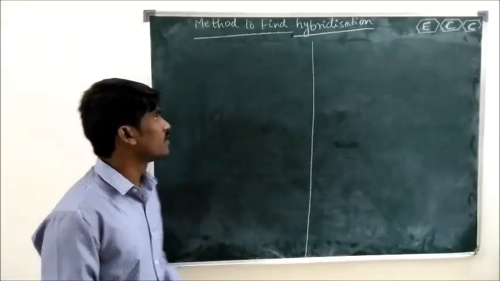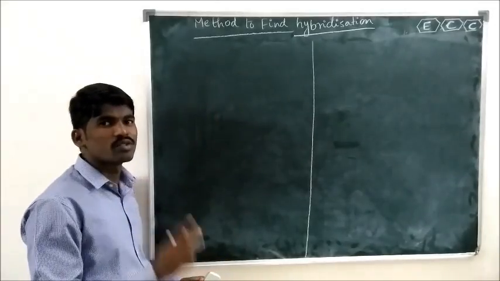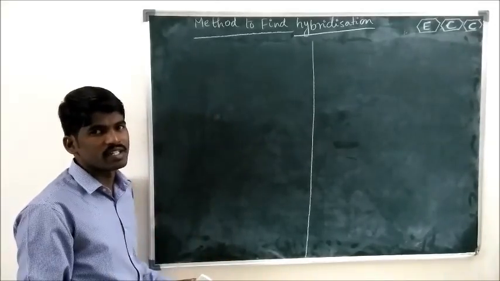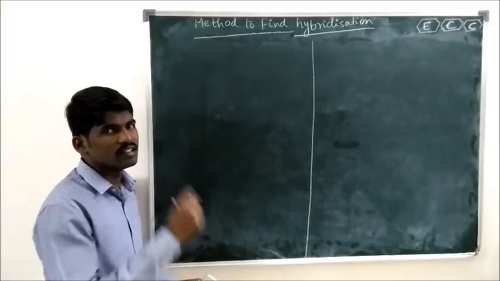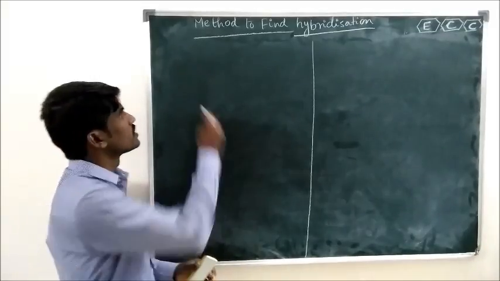Let's see, there are two shortcuts or two methods to find hybridization. Let me discuss the first method, then I'll go to the second method.